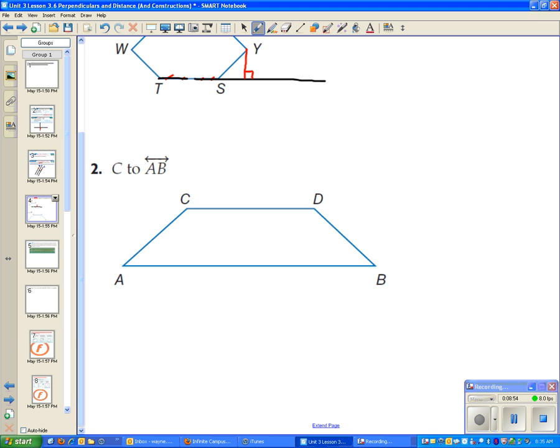So sketch that trapezoid. Well, surely we'll find this one difficult. We need to draw a segment from point C to line AB that represents the distance from C to line AB.